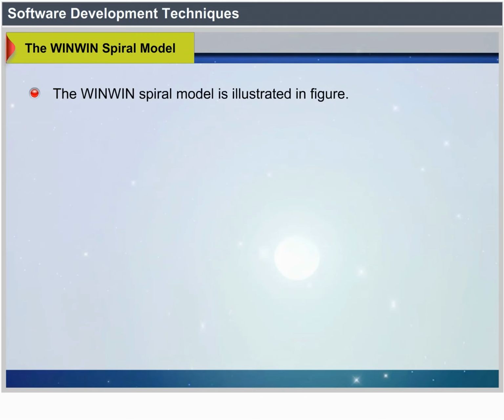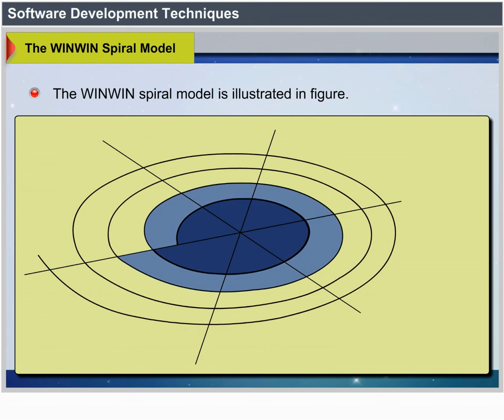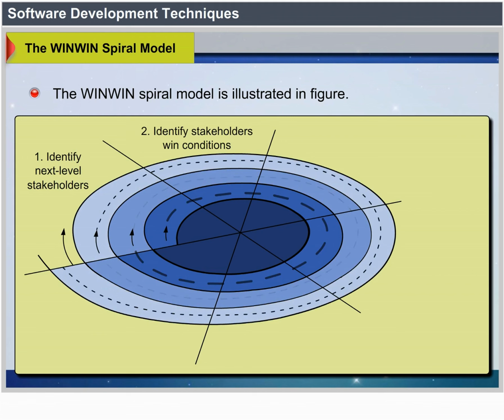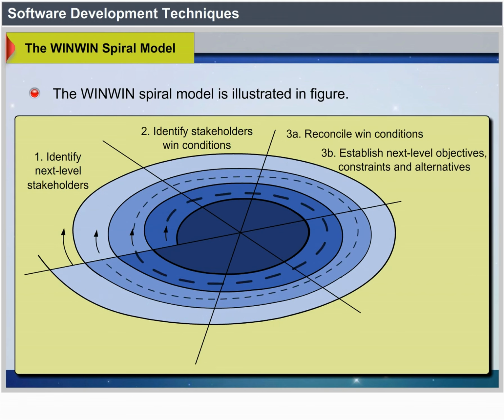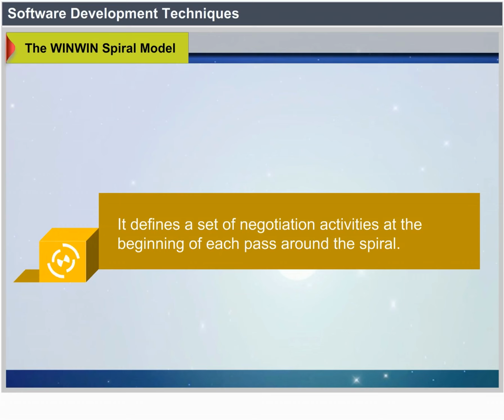The win-win spiral model is illustrated in figure. It defines a set of negotiation activities.